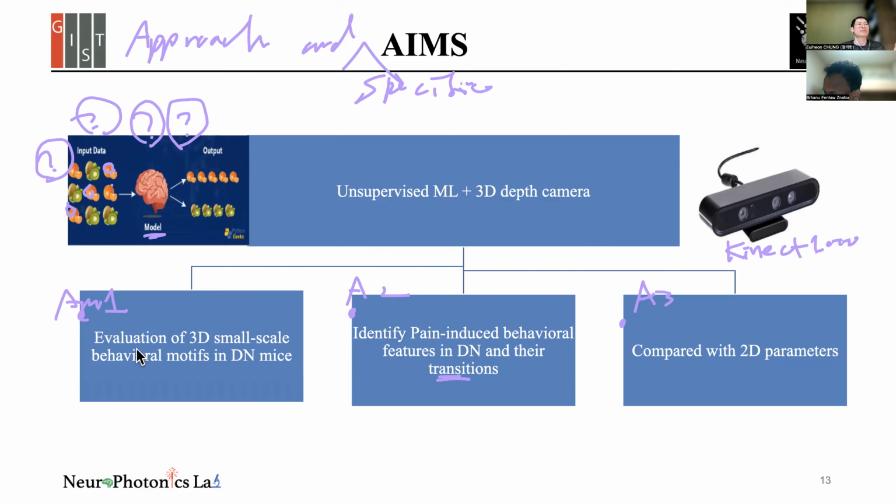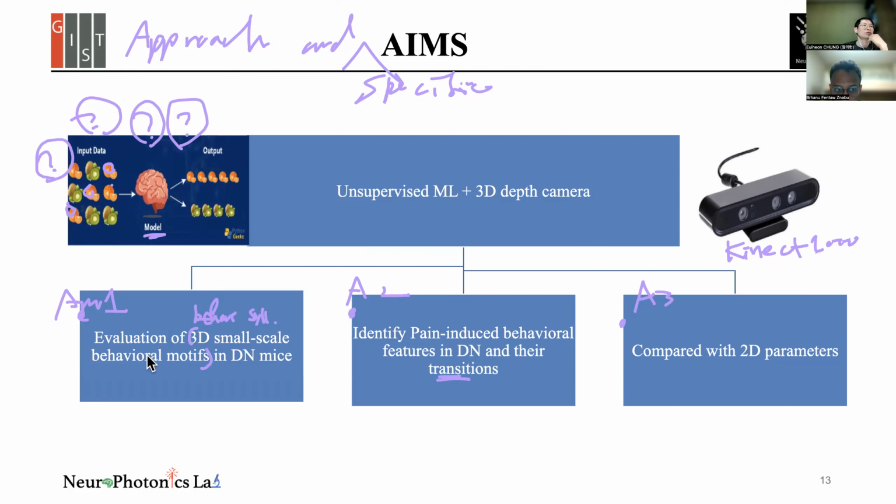So you said evaluation of 3D small scale behavior motifs in mice. Evaluation of behavioral syllable, right? Yeah. And that syllable is defined as a 3D small scale behavioral motif, isn't it? Yep.